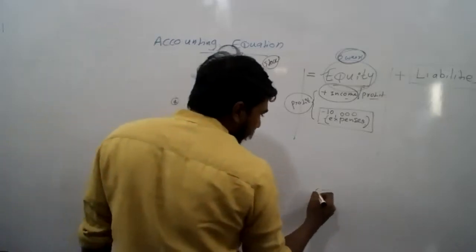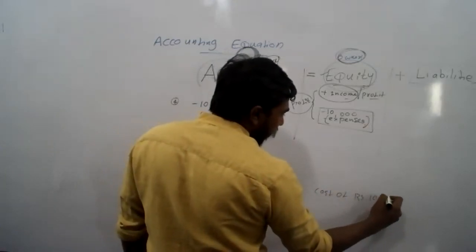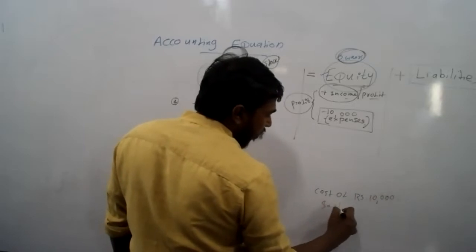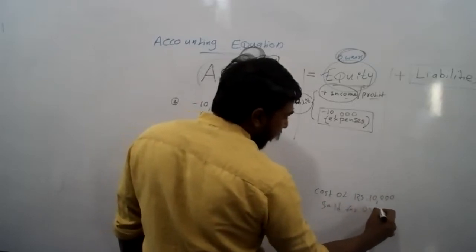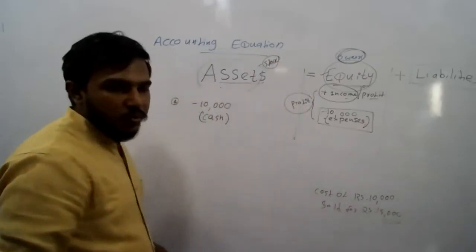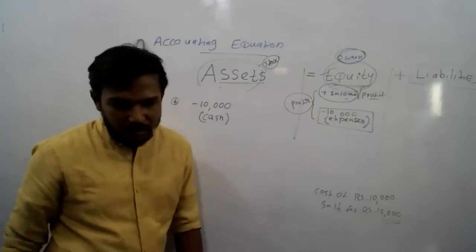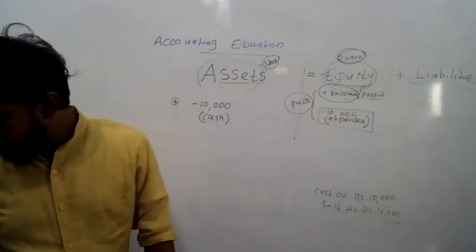We'll say goods costing rupees 10,000 were sold for rupees 15,000. How should it be adjusted?